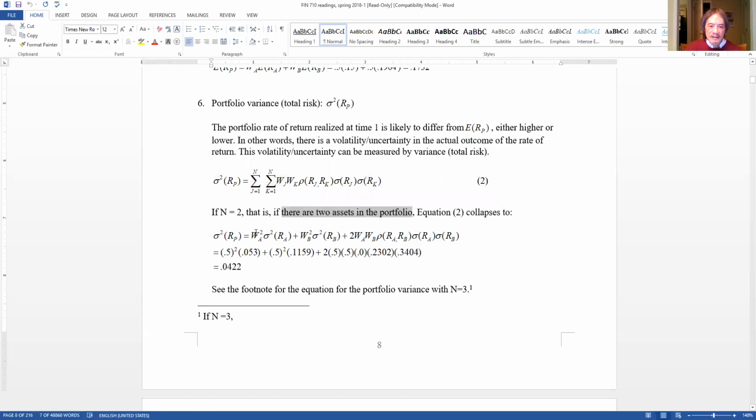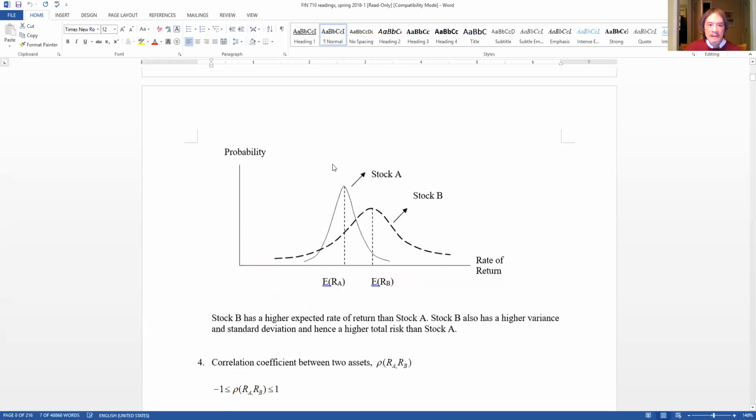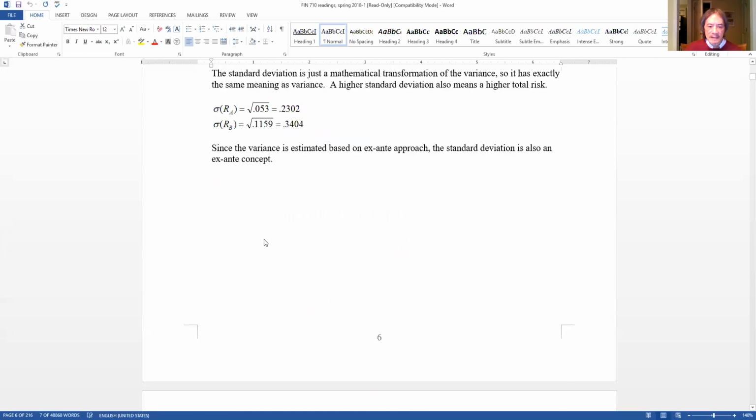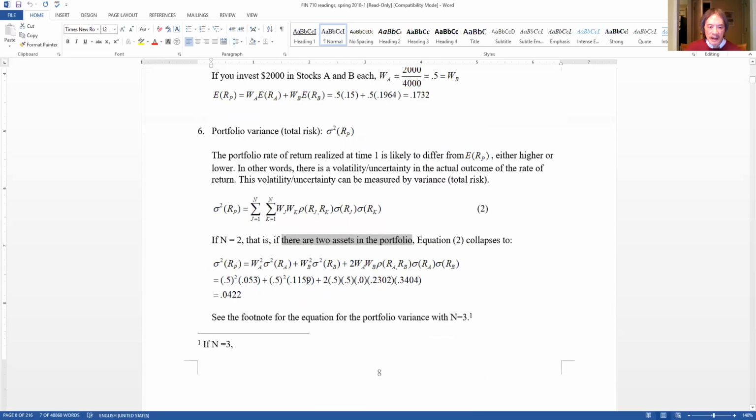This is the weight for A squared, so 0.5 squared. This number here is the variance for A, and that is taken from above, from here. And for B, it is 0.1159. So the weight for B is also 0.5 and squared.